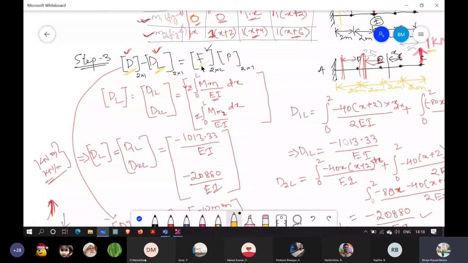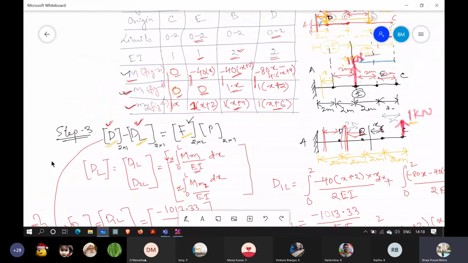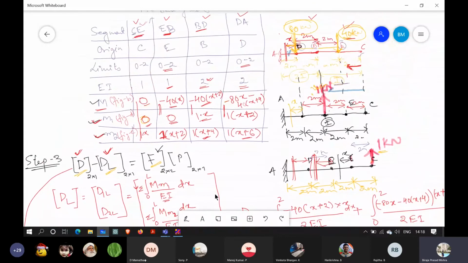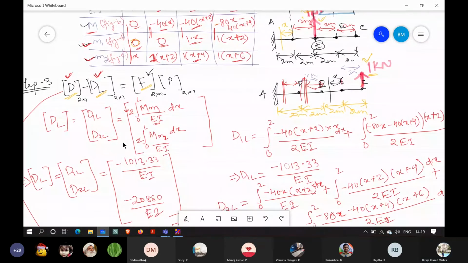Okay, now we need to find out the flexibility matrix. This flexibility matrix is due to the unit loads, whatever unit load we applied here for case 1 and here for case 2. So that we will write.